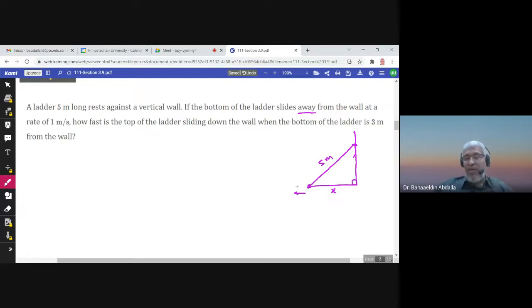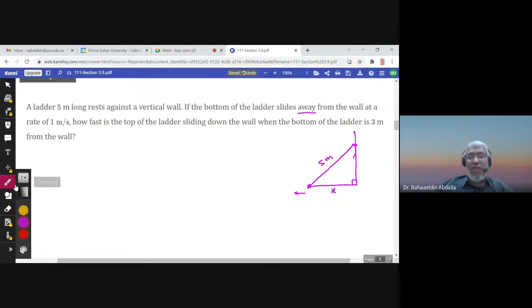If the ladder starts moving to this point, then x would be all of this distance. If the ladder moves up to here, then x would be all of this distance because this would be the bottom and x is the distance from the bottom to the wall. So x here is changing with respect to what? With respect to time. Okay, x is changing.